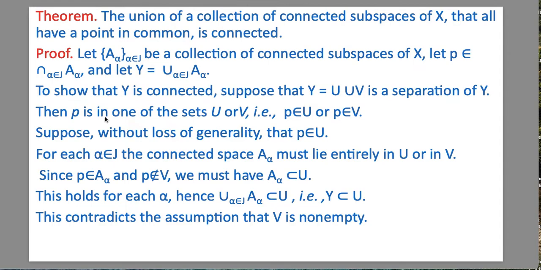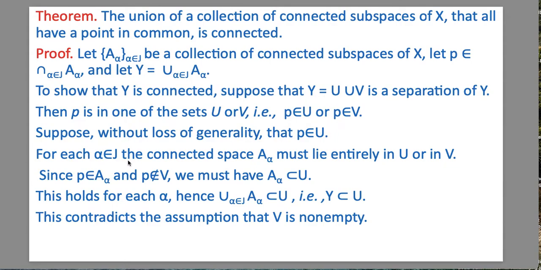So therefore P is in one of the sets U or V. That is, P belongs to U or P belongs to V. Suppose without loss of generality that P belongs to U.